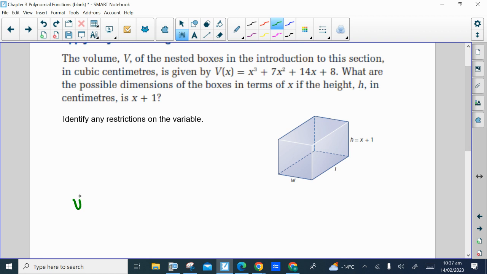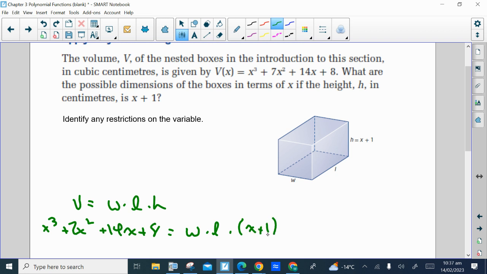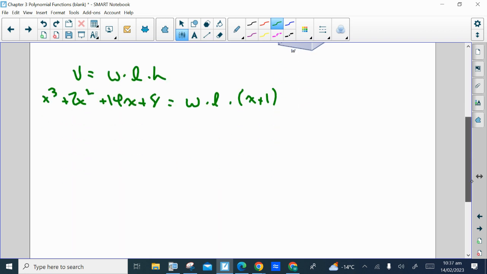So the volume of a box will be the width times the length times the height. And we are told that the volume is x cubed plus 7x squared plus 14x plus 8. And that will equal the width times the length times the height, which is x plus 1. We are told that.